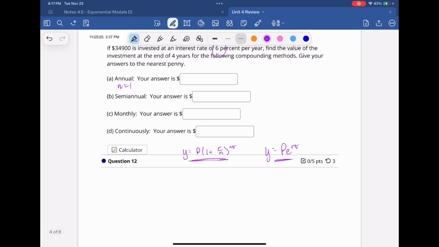So principal, rate is 0.06 divided by 1 times 4. That's straight calculator. All right, so after 4 years, compounded annually.